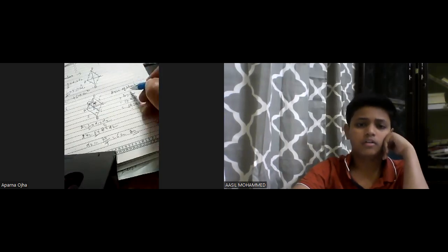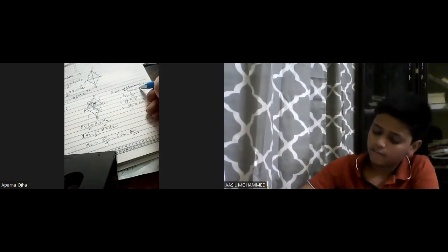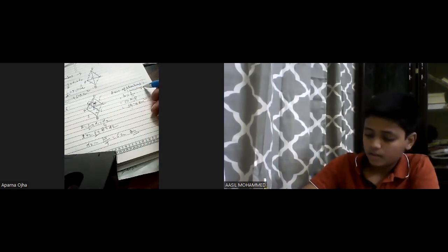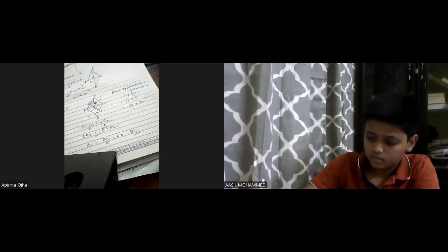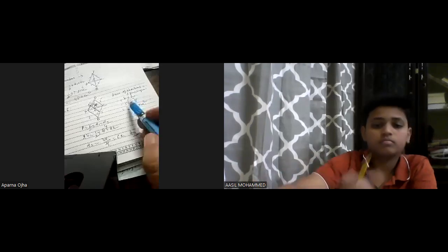In your notebook you can note down, this is parallelogram. I think there will be no confusion. That means base into height. How much is the base of the parallelogram? The base is 5.